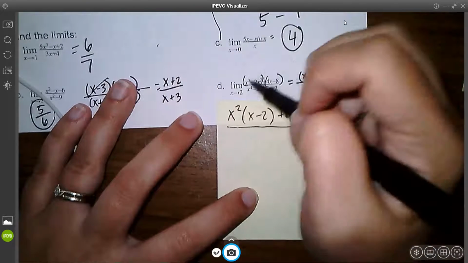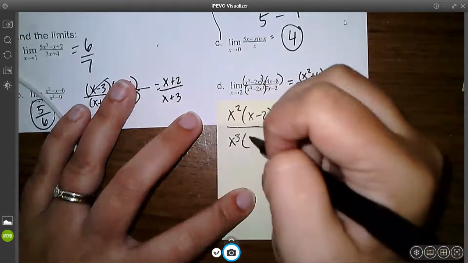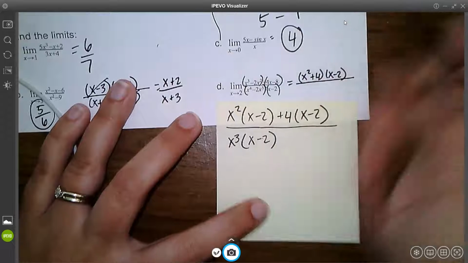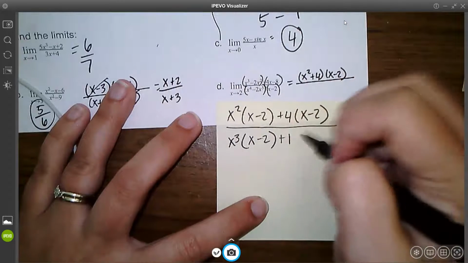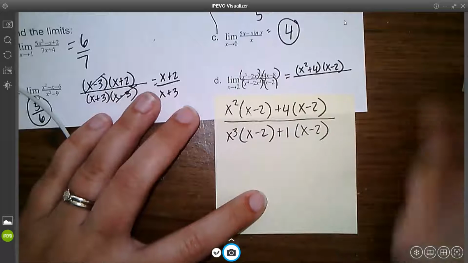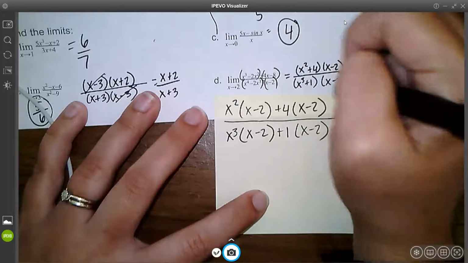My denominator, my first part, I can pull out an x cubed. I'm left with x minus 2. And then the second part, I don't have to pull anything out, so it's like having a 1 times x minus 2. So my denominator is x cubed plus 1 times x minus 2.